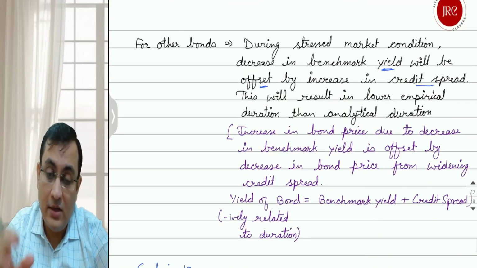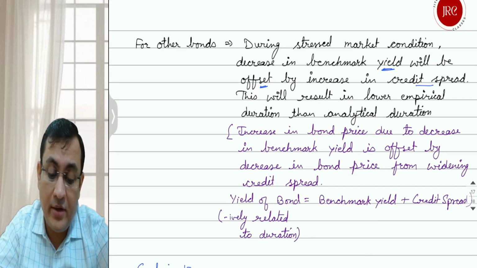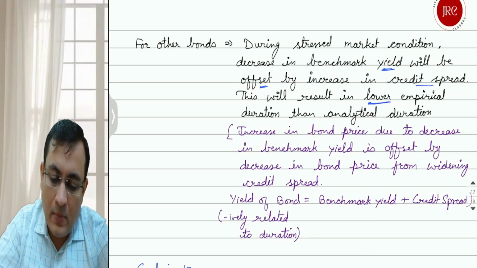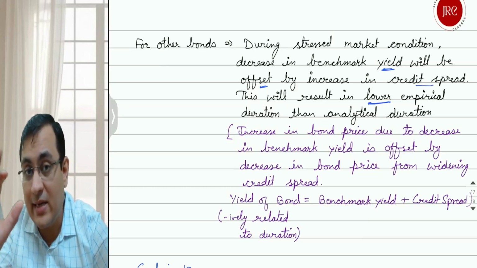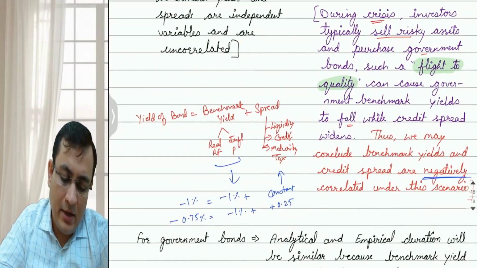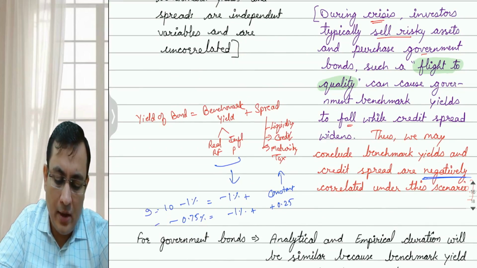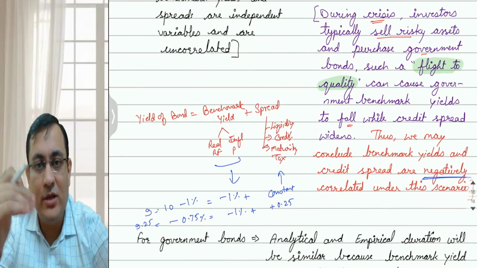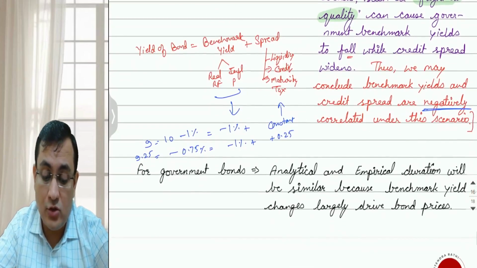It will impact duration also. What it is saying is that this will result in lower empirical duration than the analytical duration, because yield is still higher. Earlier it was 10 minus 1, which is 9. Now it is still 10.25. So if yield is higher, duration will go down. I hope everyone understood.